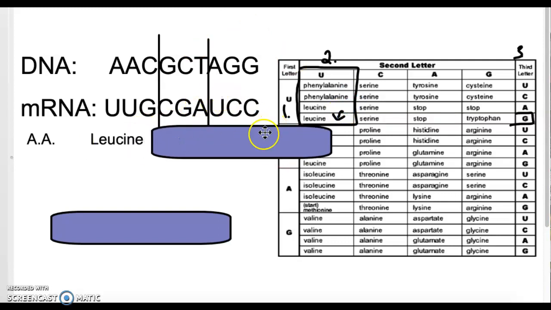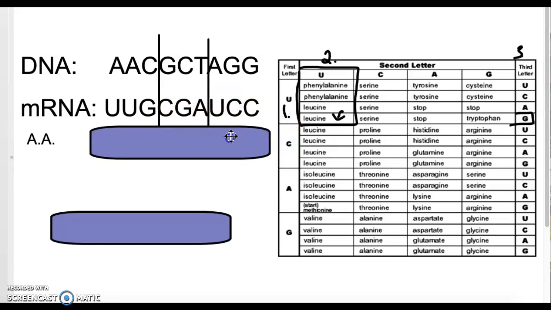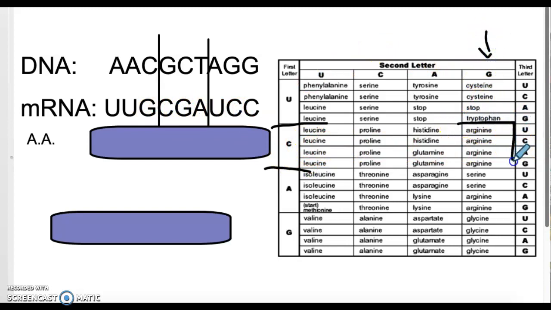Okay. The next codon is CGA. See if you can use the genetic code and figure it out on your own. CGA. All right, so we should be looking at this box only, all the way across, and then G. So now we're only looking at right here, and all of them say the same thing, and that would be arginine.